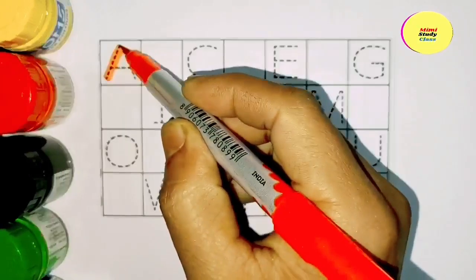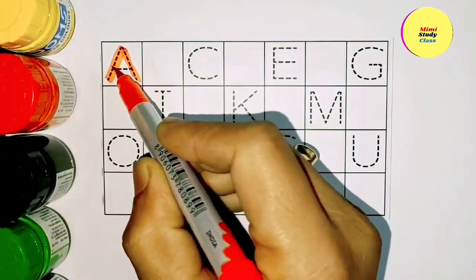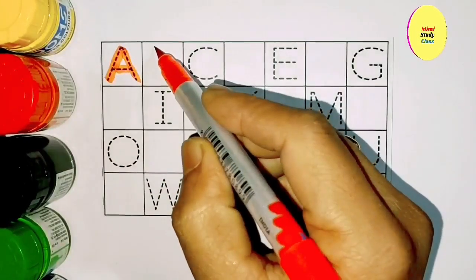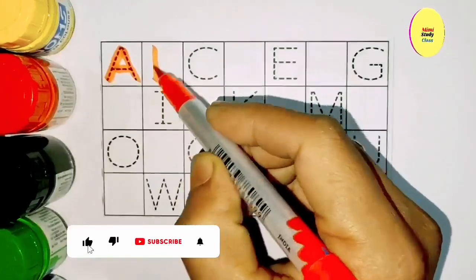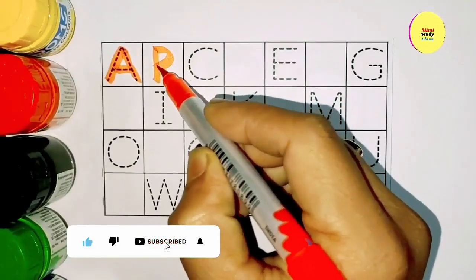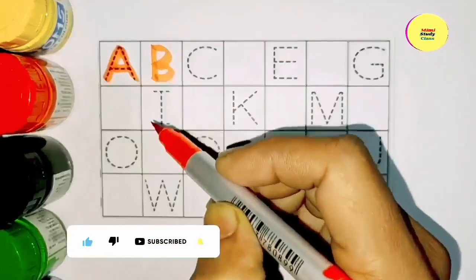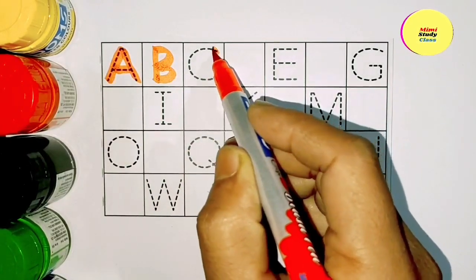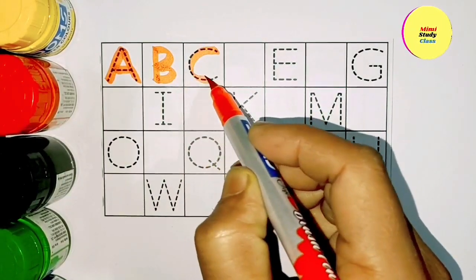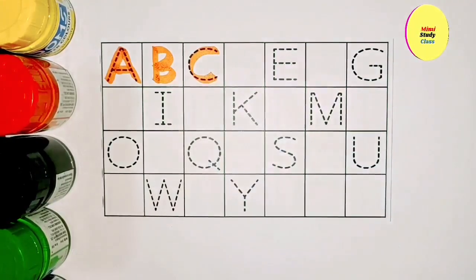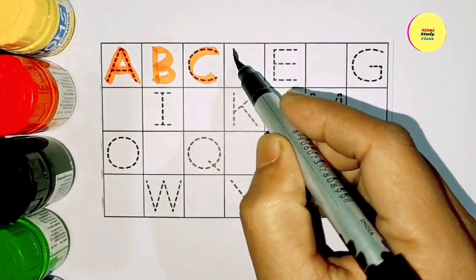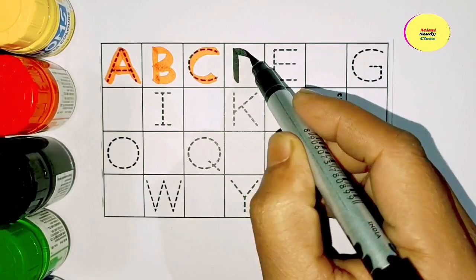A for aeroplane. B for boy. C for cat. Black color.